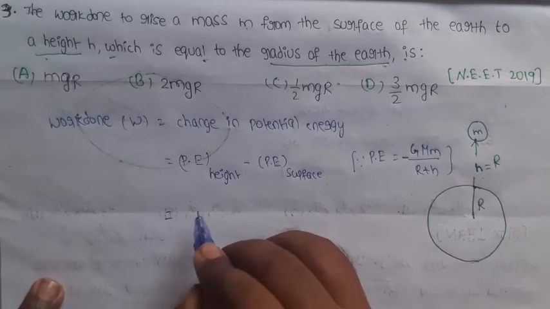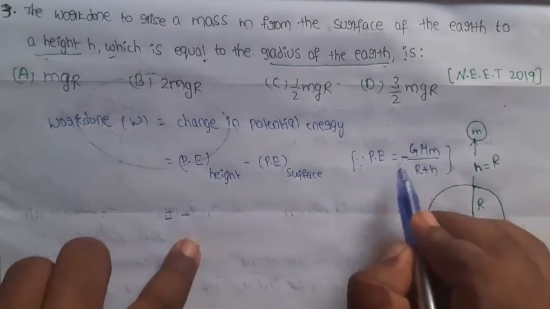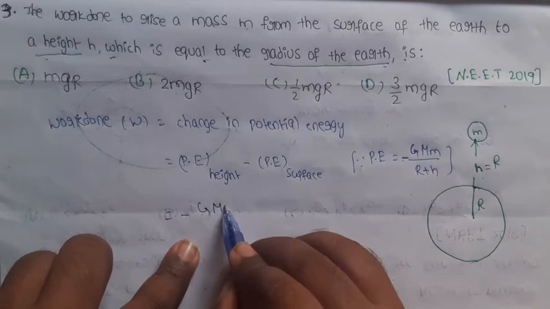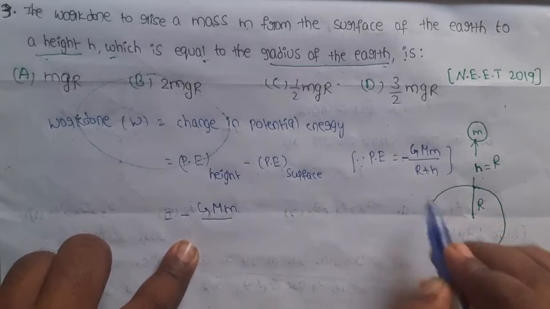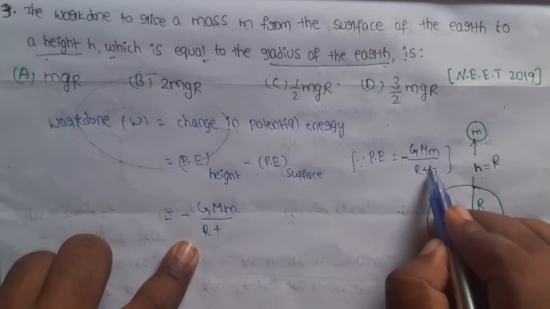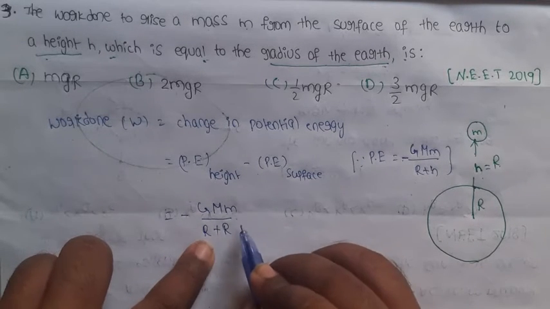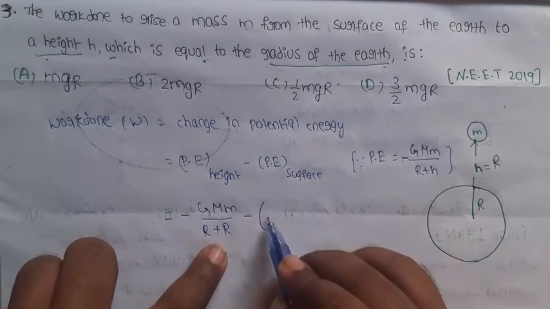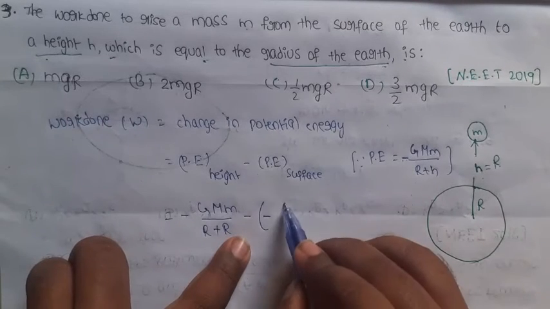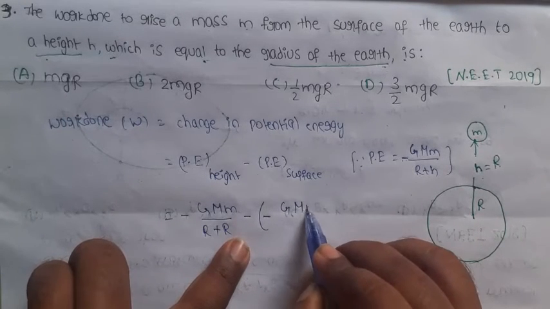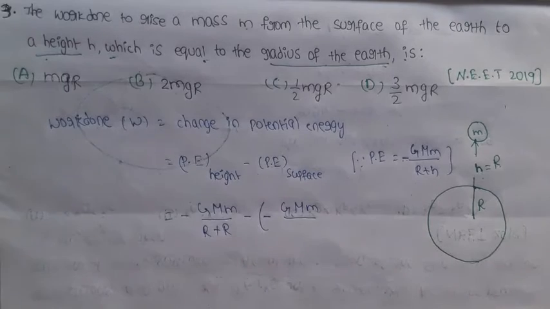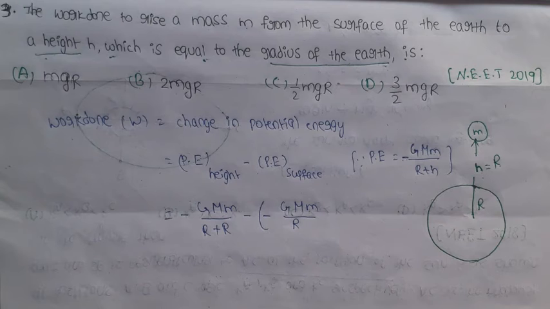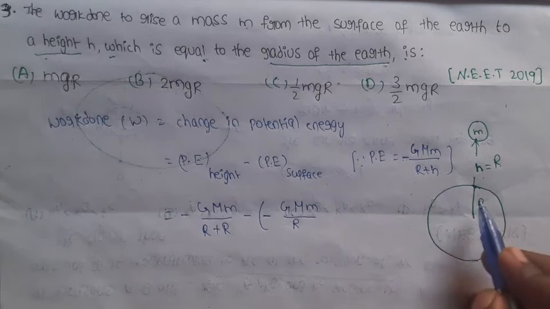So apply the potential energy formula: minus G capital M, where M is the mass of the earth and small m is the mass of that object, by R, the radius of the earth, plus height h equal to R, that is the potential energy at height, minus the potential energy on the surface, which is minus G capital M small m by R. Here potential energy is only on the surface, that's why I am taking only R, because there is no height.